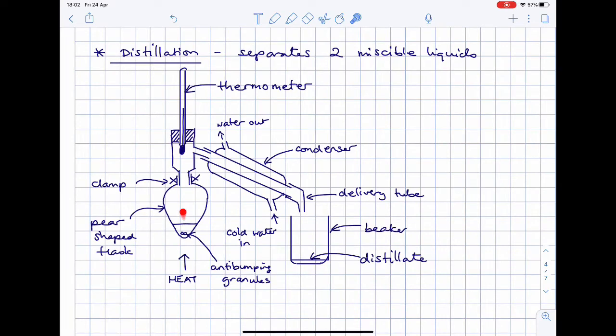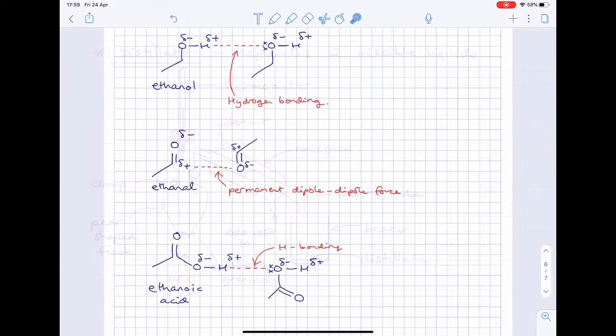Any aldehyde that didn't boil off away from the oxidizing mixture will further oxidize to form the carboxylic acid. So as long as we keep the temperature below the boiling point of the carboxylic acid, we will still just collect the aldehyde, as the boiling point of the carboxylic acid is higher than the aldehyde, as it can form hydrogen bonding between molecules.